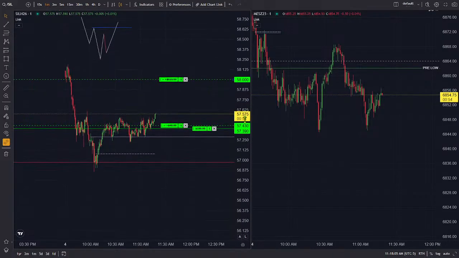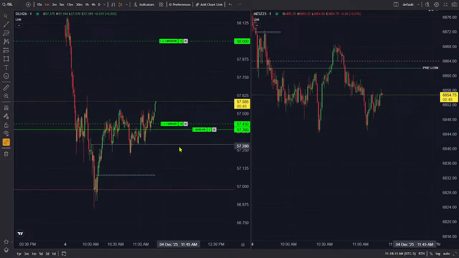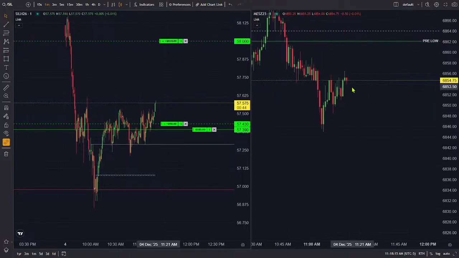We'll know what its intentions are once it takes this high right here. It's either going to take them and keep running, or it's going to take it and fall back down. The equities did put up a small fair value gap here, but it's still within this range. I would like to see one above it. S&P 500.